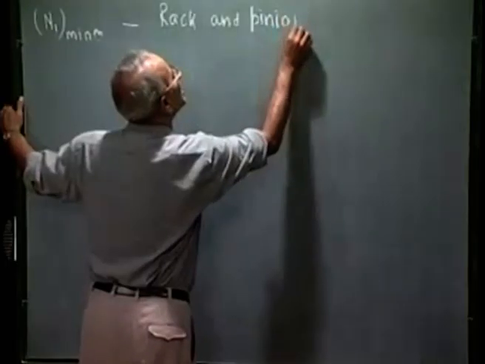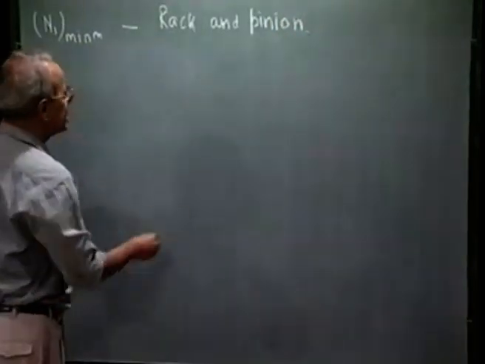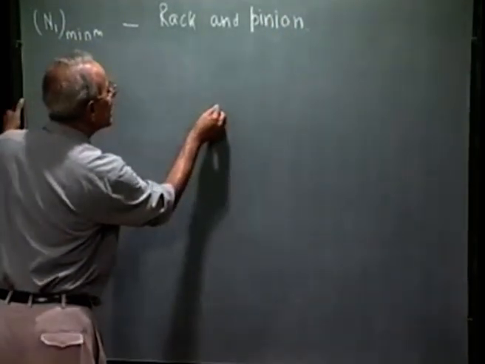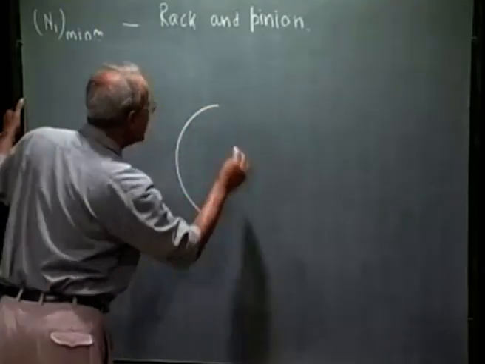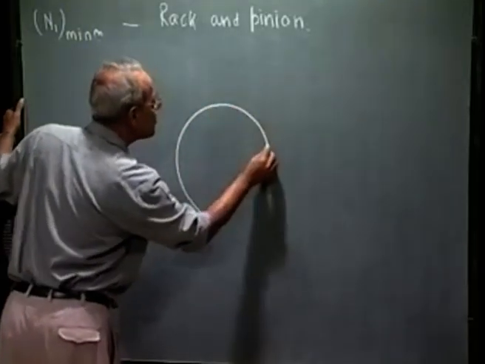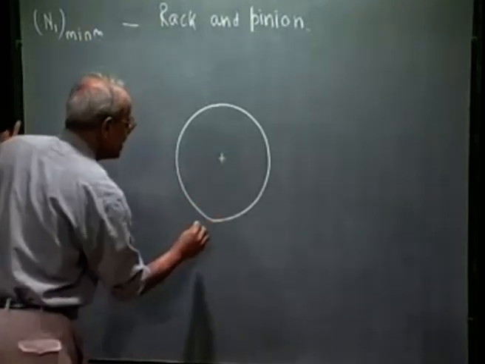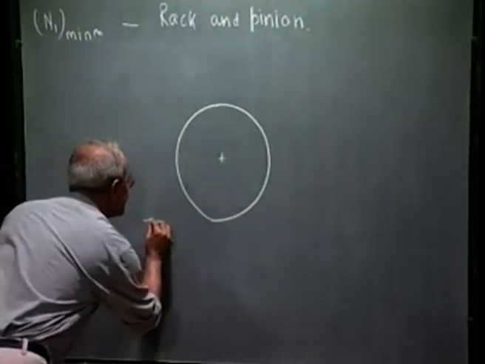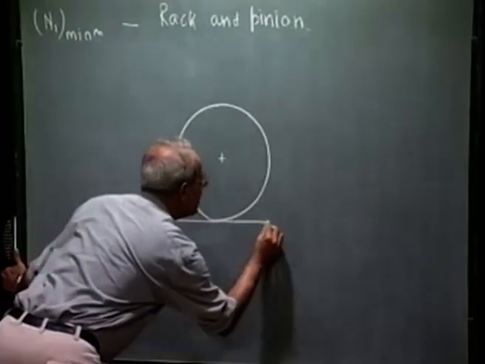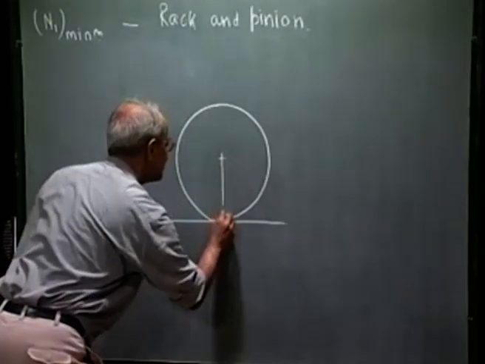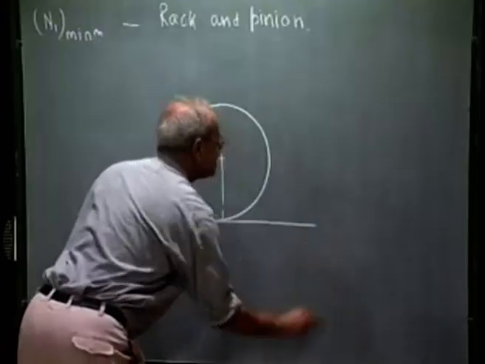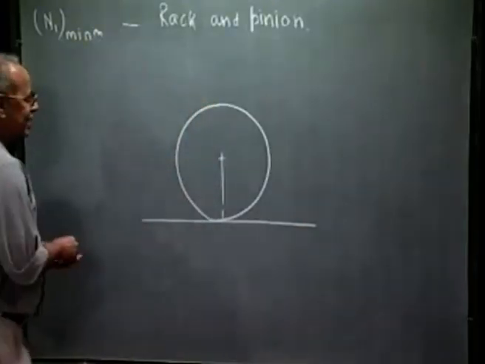to avoid interference. Towards this end, let me say this is the pitch circle of the pinion, and this is the pitch line of the rack.